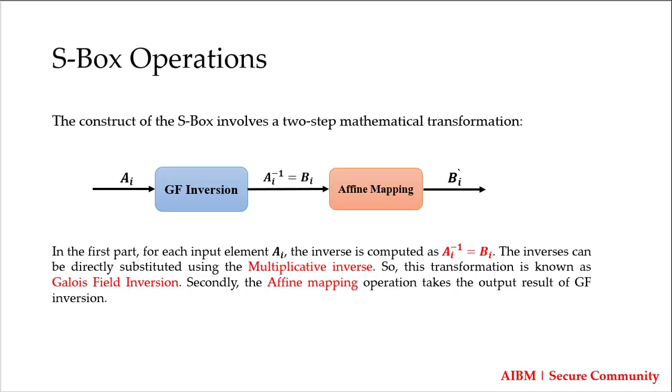The inverse can be directly substituted using the multiplicative inverse. This transformation is known as Galois field inversion. Second, the affine mapping operation takes the output result of the Galois field inversion.